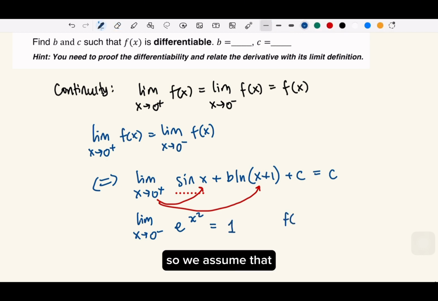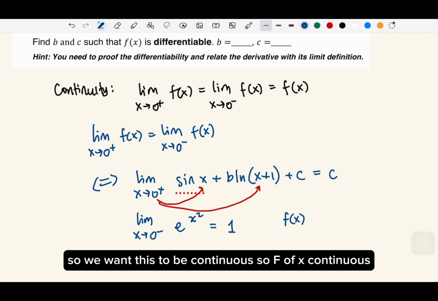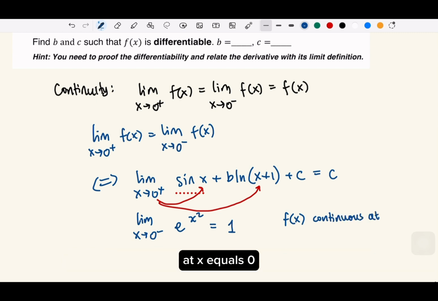Because we want this to be differentiable, we want this to be continuous. So f of x is continuous at x equals 0, and c is 1. Okay, so first we get c.